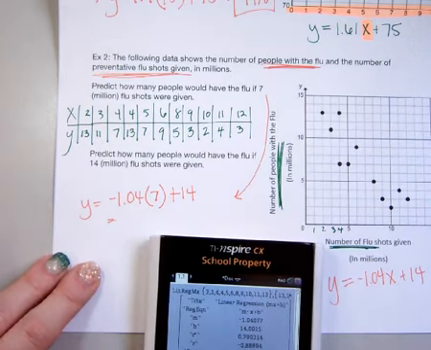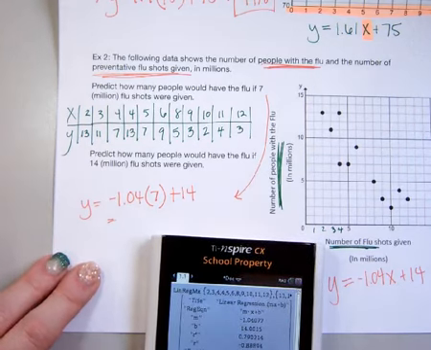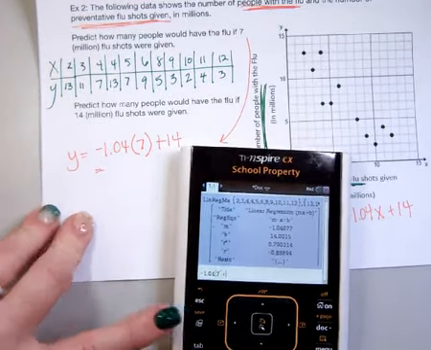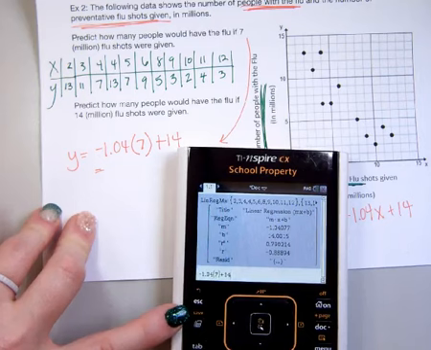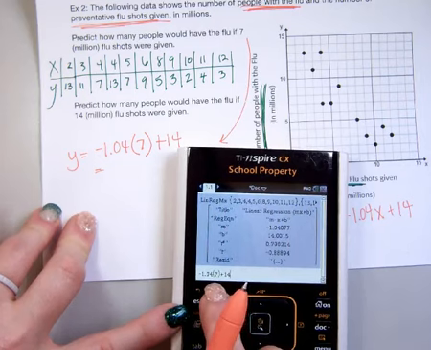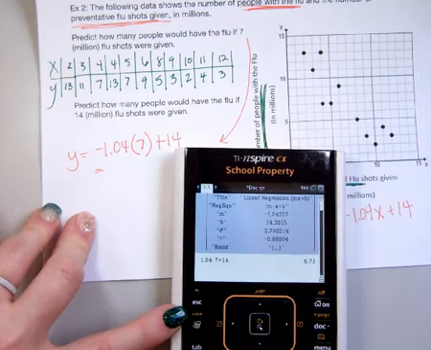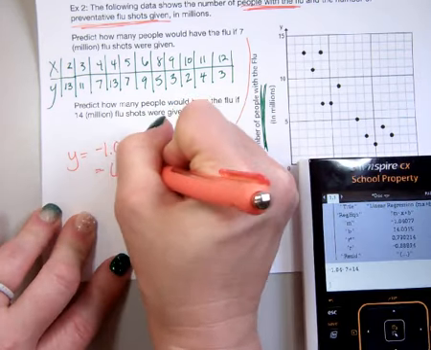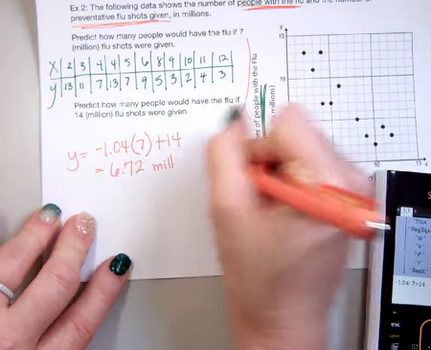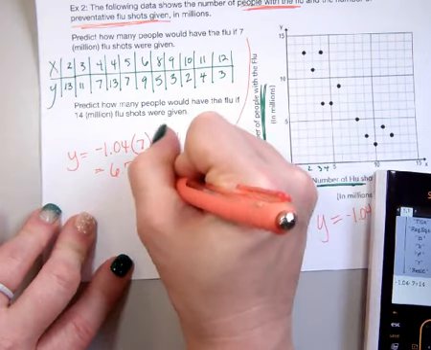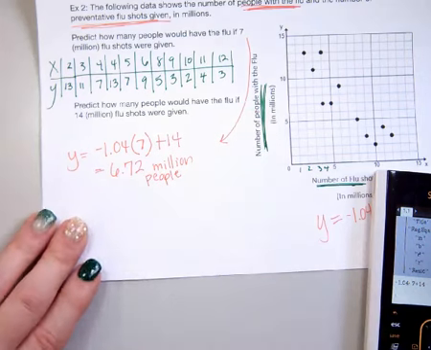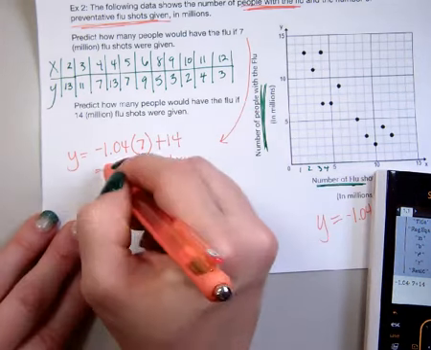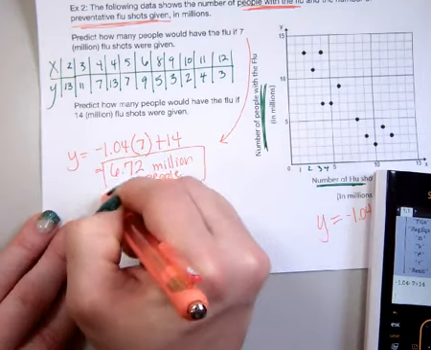Negative 1.04, parentheses 7, close parentheses, plus 14. 6.72. So approximately 6.72 million people will get the flu, even though 7 million flu shots were given to hopefully have them not get the flu.